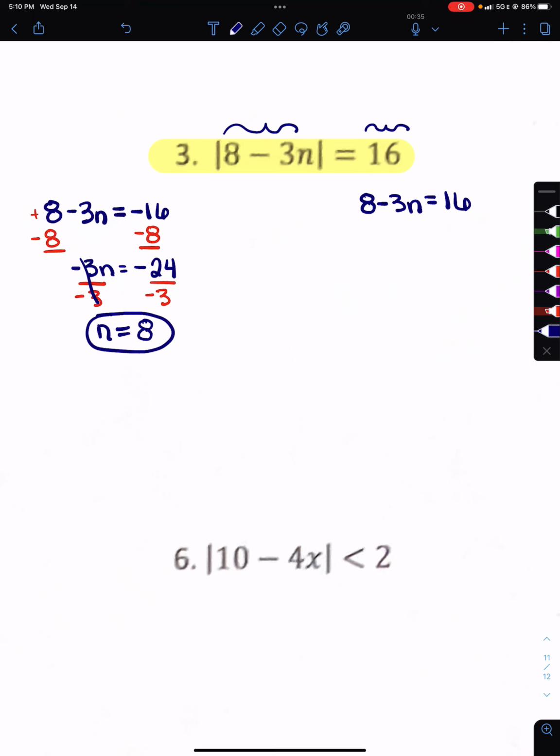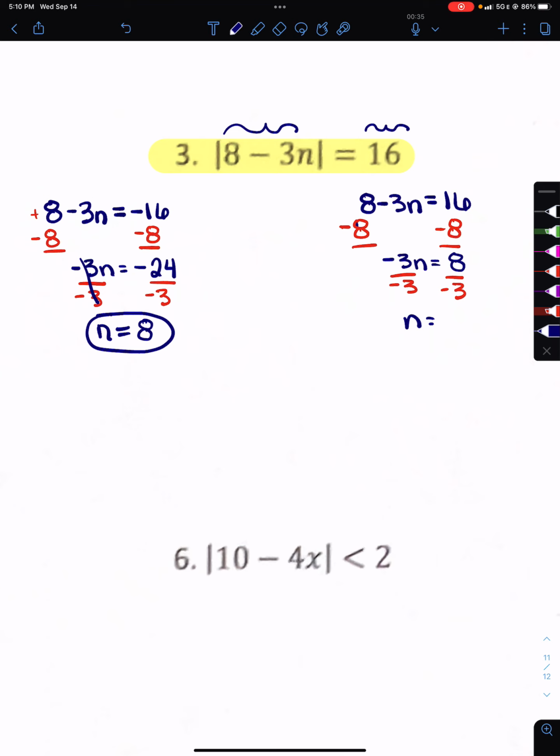For the second one, same thing. We are going to subtract 8 from both sides since it's a positive 8. Then I've got negative 3n is equal to positive 8. Now divide both sides by negative 3. And you are going to have a fraction. So if you want to turn this fraction into a decimal so that it'll be easier to graph on the number line, you're just going to do 8 divided by 3.